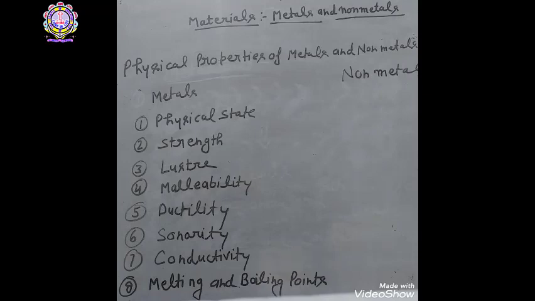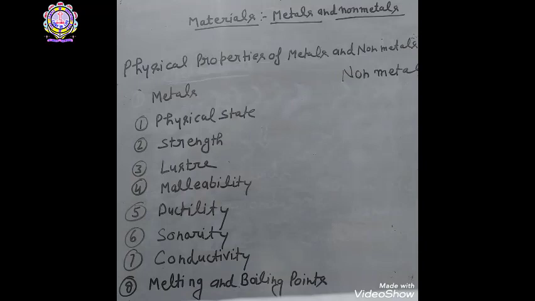For example, gold, copper and iron have the property of sonority. So metals are good sonorous substances, but non-metals do not produce a ringing sound when struck hard. Hence, they are not sonorous.